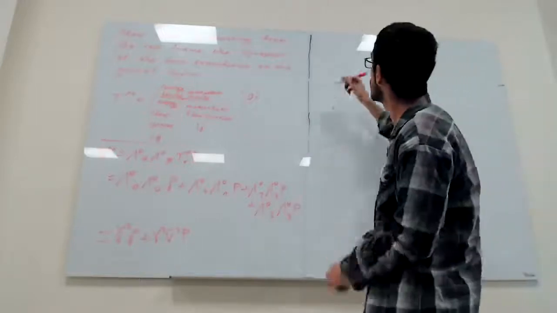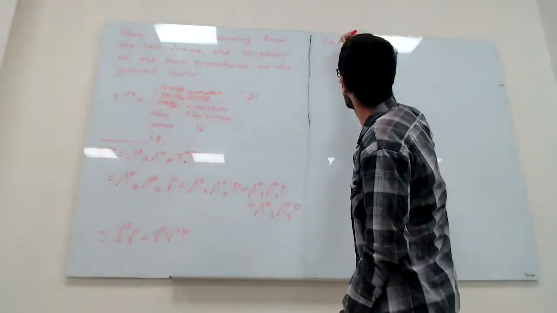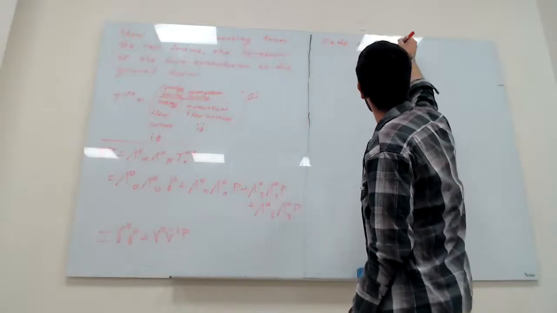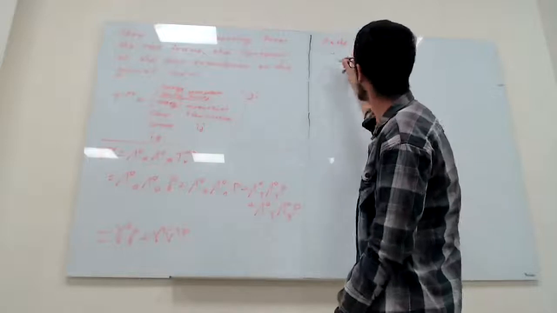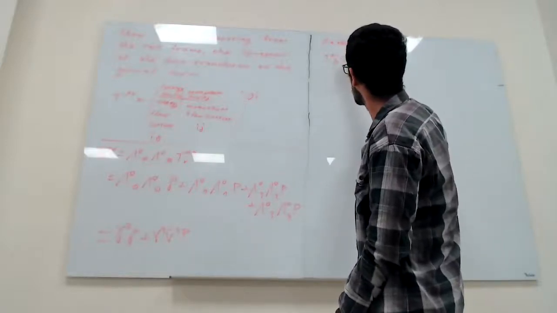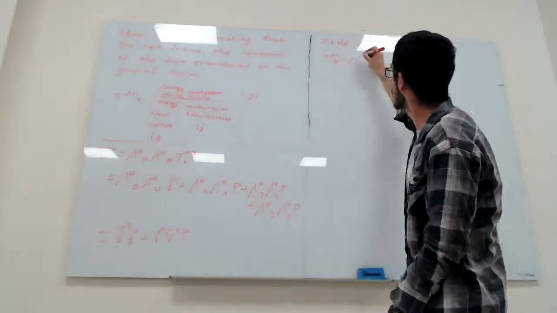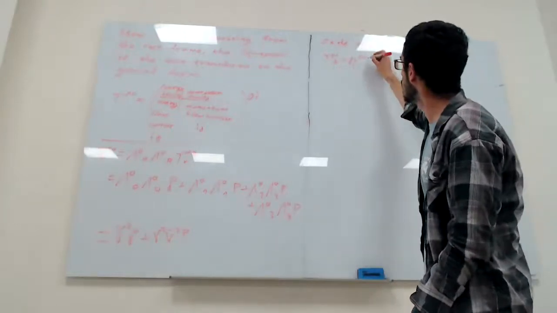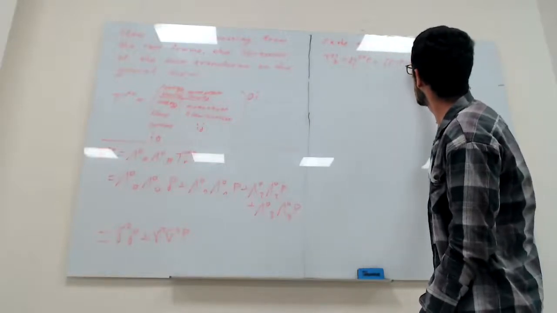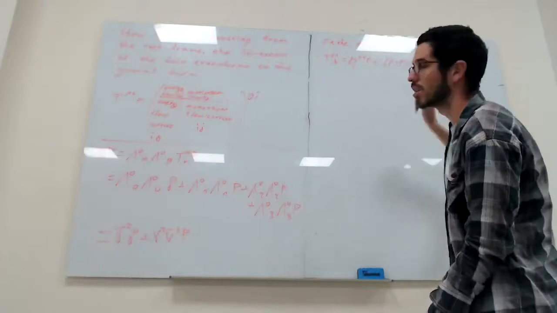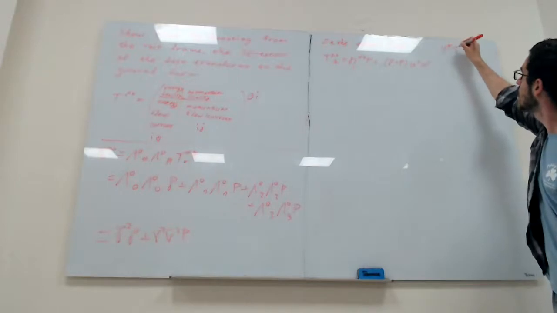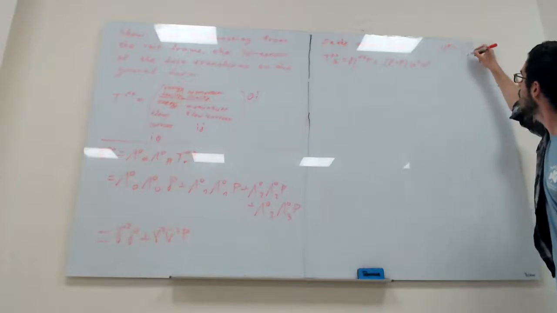On the other hand, T00 in the boosted frame is equal to eta 00 times minus p plus rho plus p times U0 U0, and U0 equals gamma.